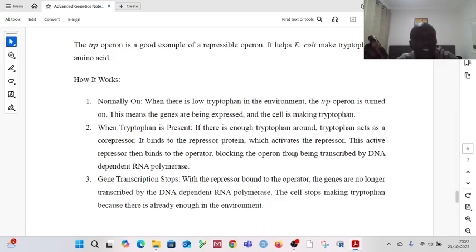There is no point in the cell making more tryptophan when there is already enough of it in the environment. So the presence of tryptophan acts to stop, to turn off this type of operon. Okay?